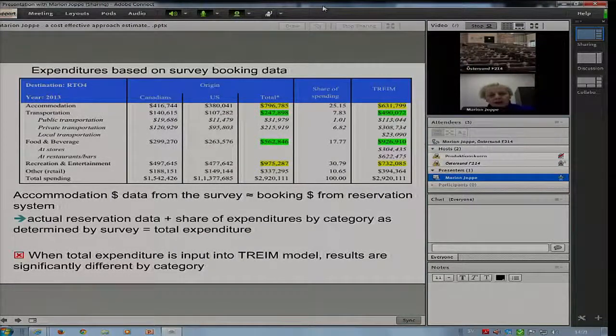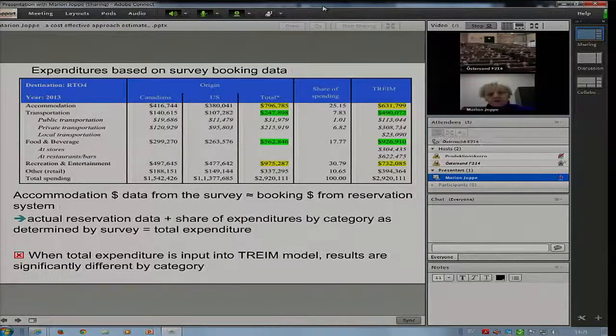And we have the origins for each of our visitor groups, Canadians and US, and we are able to calculate their spending. We then took this spending and put it into TRAIN to see what the provincial model would have said based on the total spending in the region.